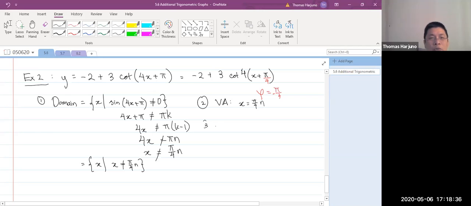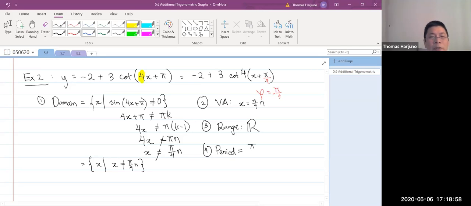How about the range? We know cotangent originally has a range of all real numbers, so a linear transformation of that will still give us the range of real numbers. How about the period? The period of cotangent, as we know earlier, is pi, but this time we divide by the coefficient of this angle, which is 4.